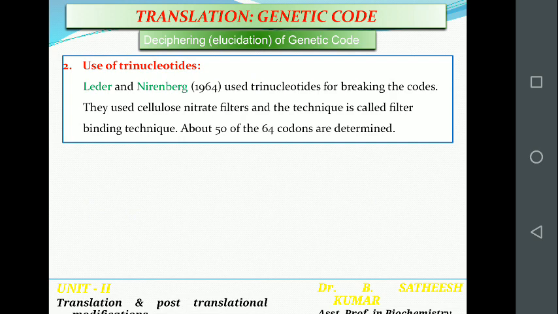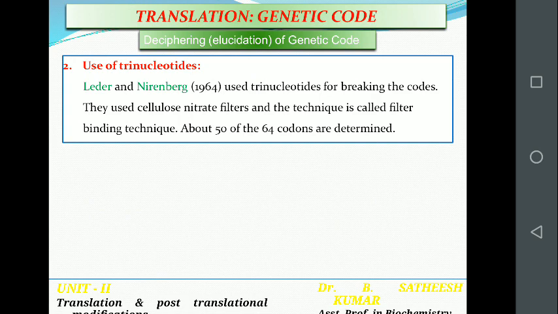That tRNA will be labeled with a radioactive amino acid. When we pass the solution through a filter, the ribosome will be retained on the filter, and we can observe it by using autoradiography.